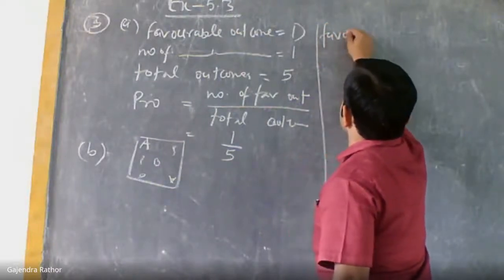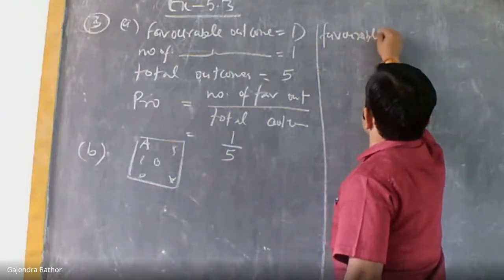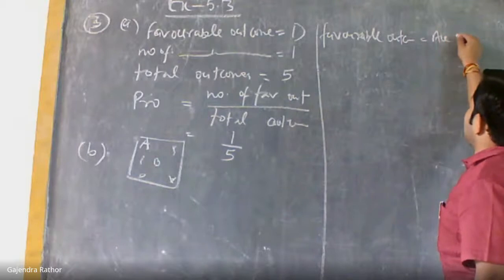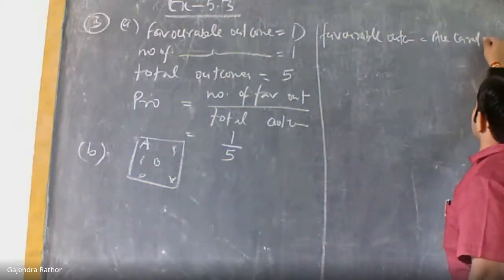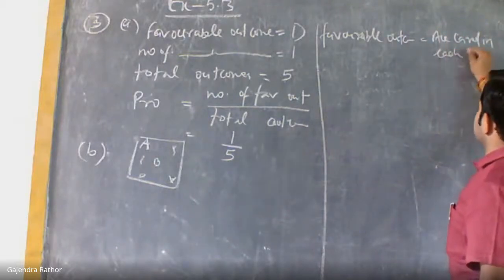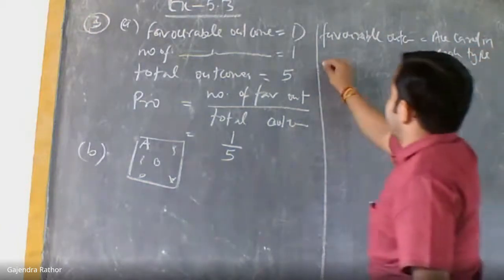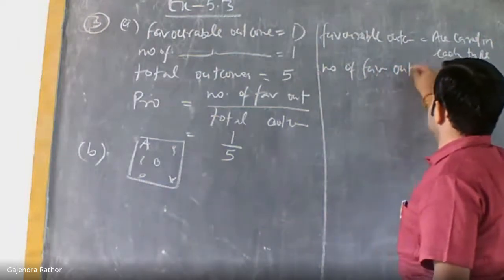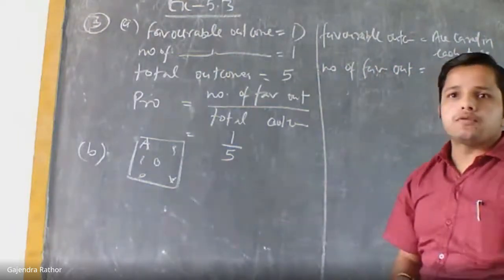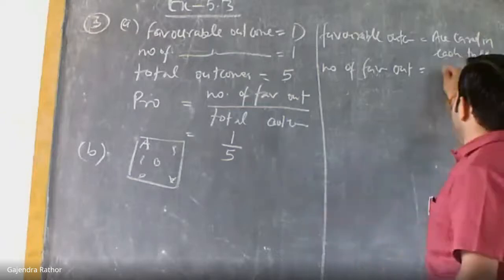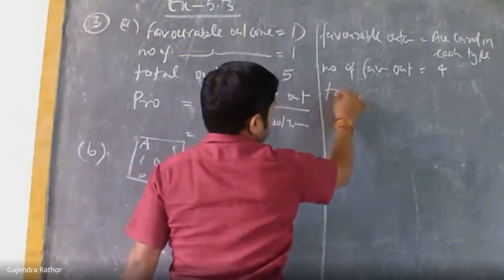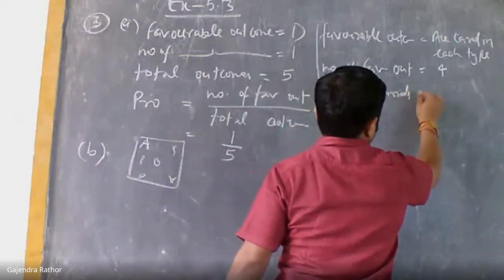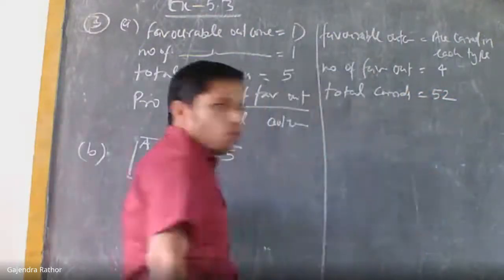Again, favorable outcome is equal to ace cards in each type. So the number of favorable outcomes is equal to, there are 4 types, so the number of ace cards will be 4. Now total outcome, or total cards, is equal to 52.